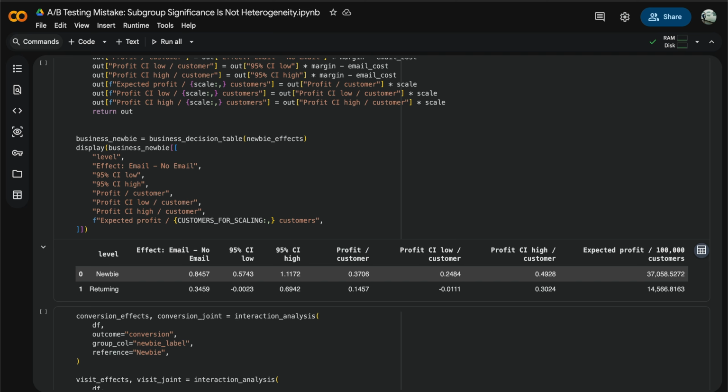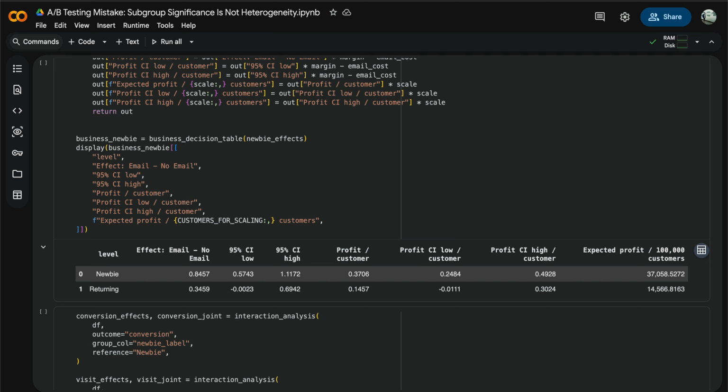The dataset already gives us conversion and visit rate, but it does not include, for example, unsubscribes, spam complaints, or even long-term retention. So in a real company, I really want those metrics before making a permanent rollout decision. And one more thing, there's also opportunity cost.